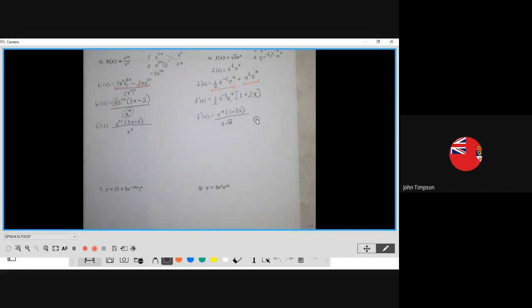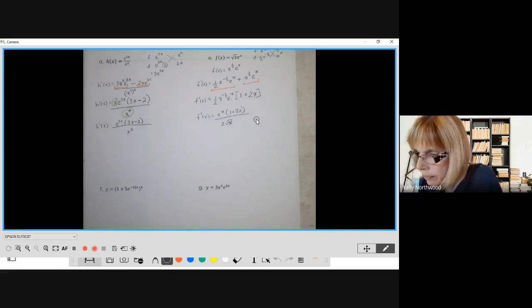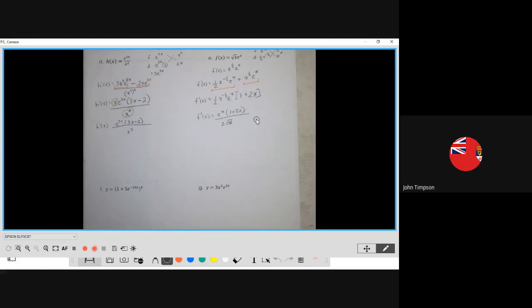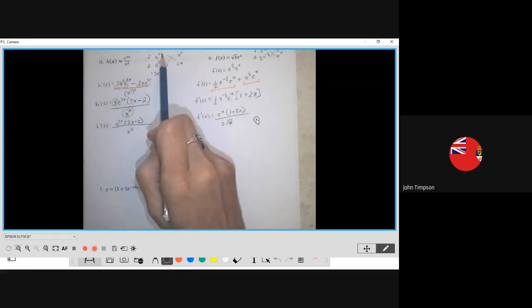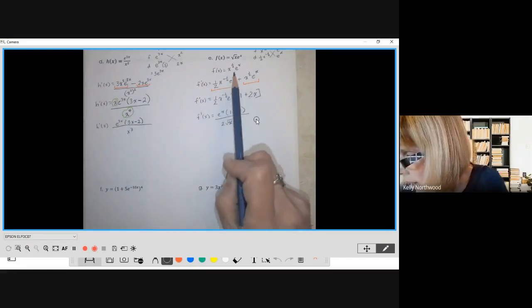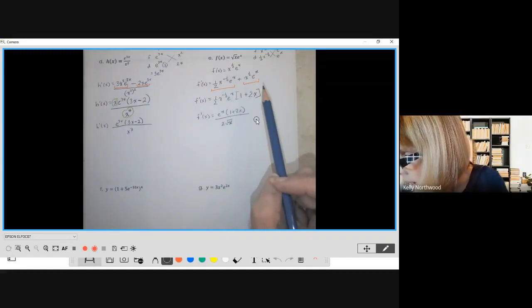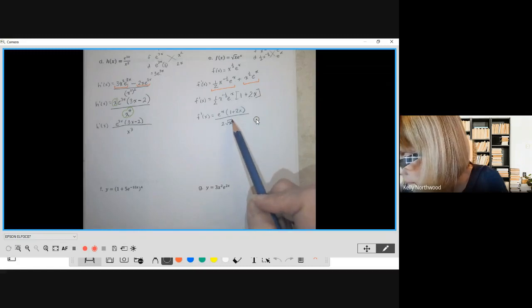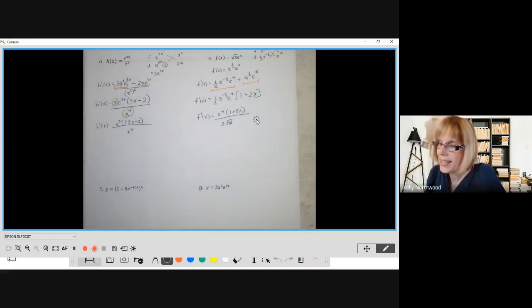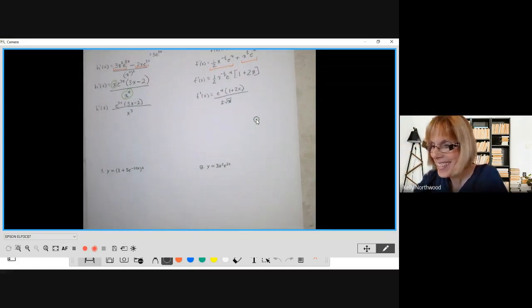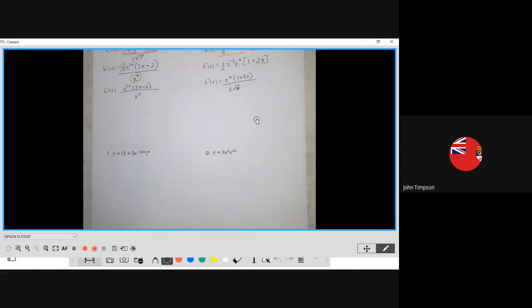Like for d, for example, we had 3x minus 2 multiplying there, and that's the exponents from our original equation. And here we had 1/2 and x. Yeah, I suppose if you hadn't factored out the 1/2. Oh, I see it. Yeah, it looks like it could be. There you go.